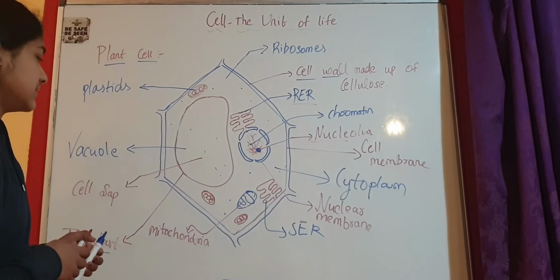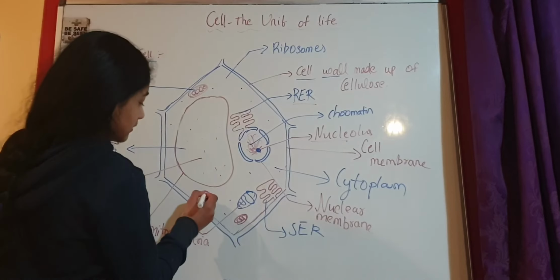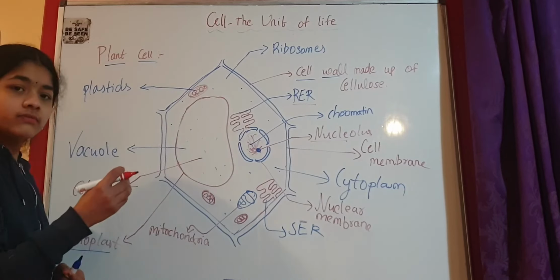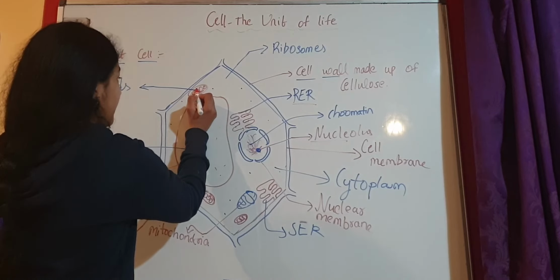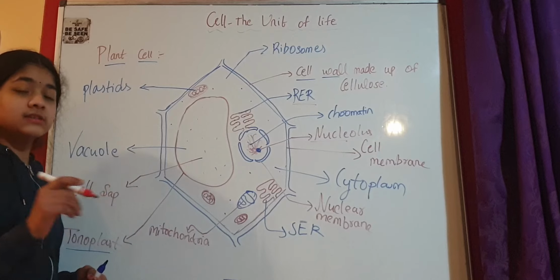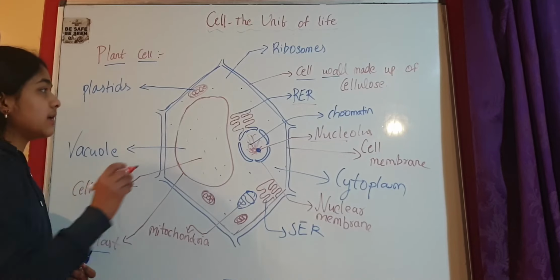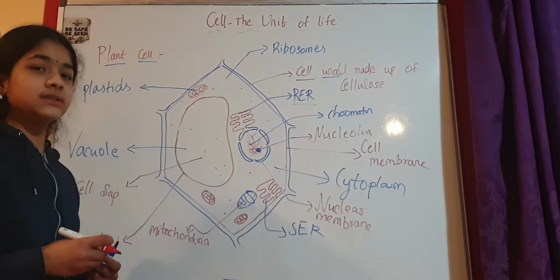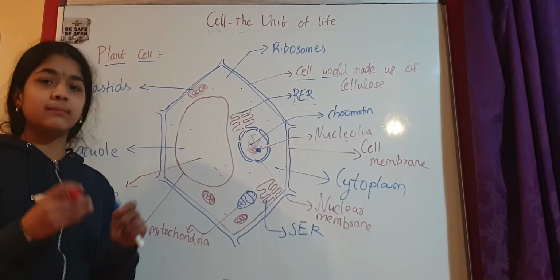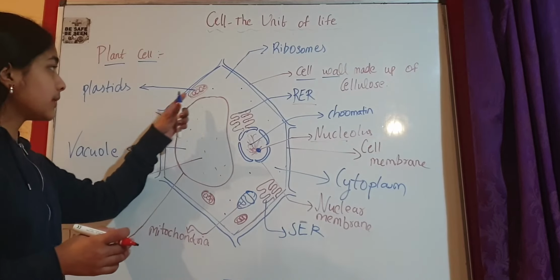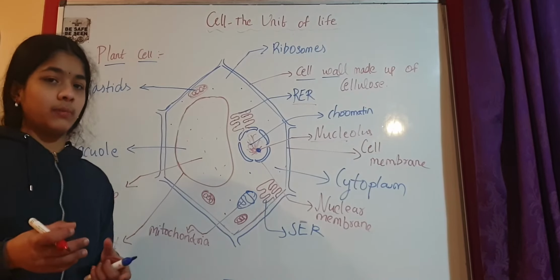So those are plastids. If we take a look at the structure of the plastid, exclusively if you talk about only chloroplast, because that's what we have to focus on, that is very important. Chloroplast has a fluid substance inside it, called the chloroplast matrix, or stroma.